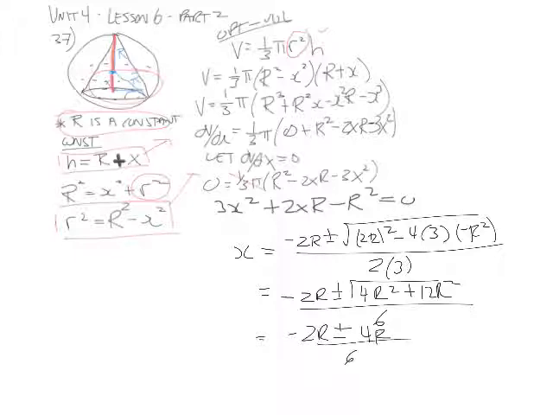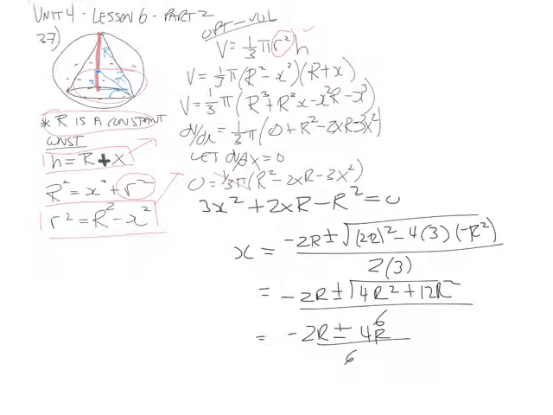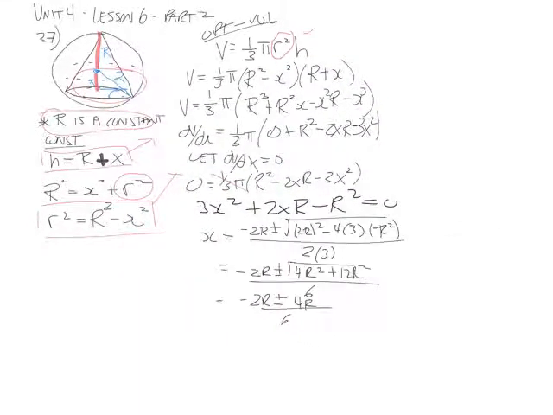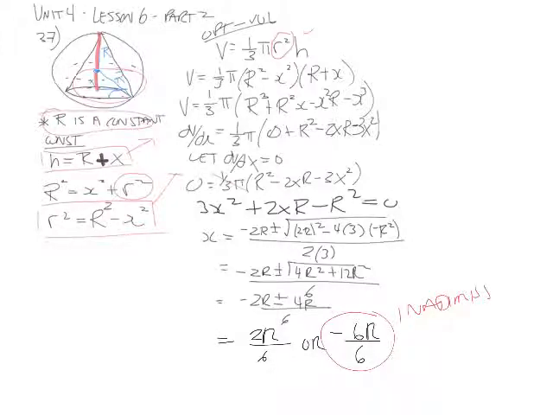All over 6, when I reduce that, we end up with either 2R over 6 or negative 6R over 6. Because the negative one is inadmissible, we can't have a negative value, our answer is R over 3. So the x value has to be R over 3.